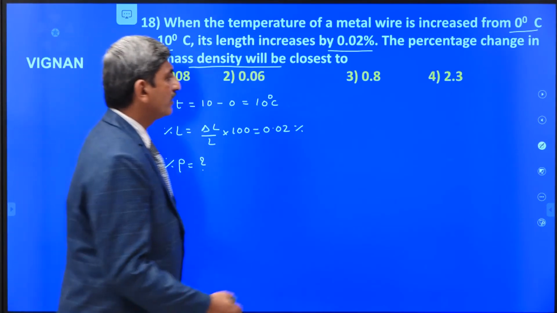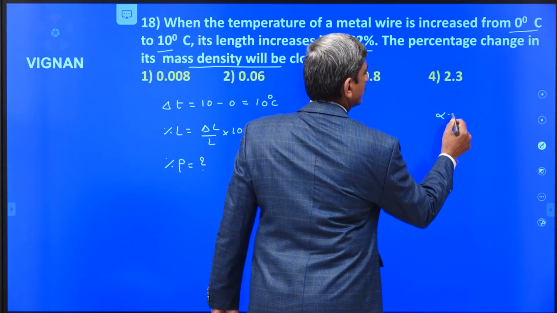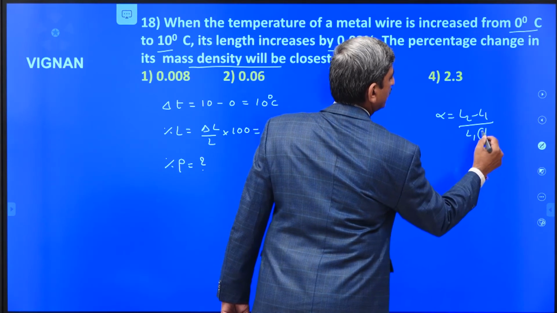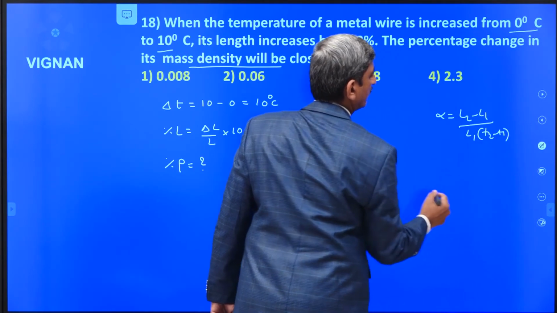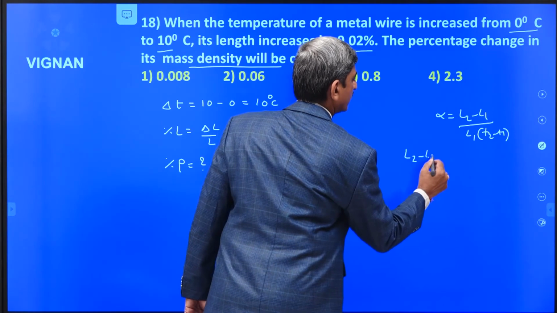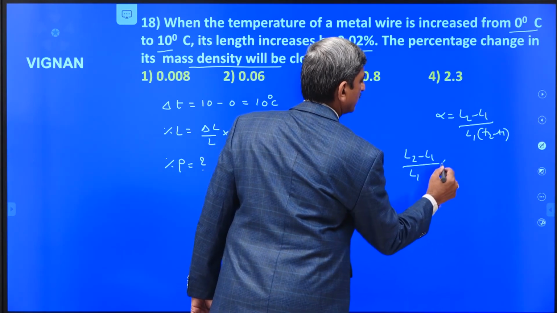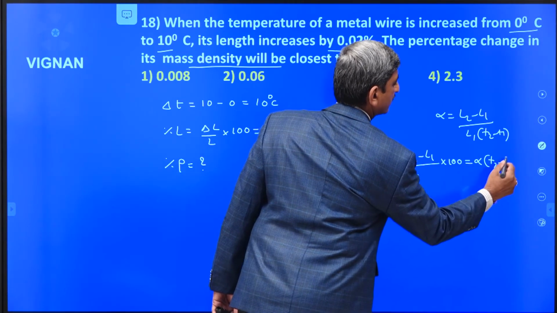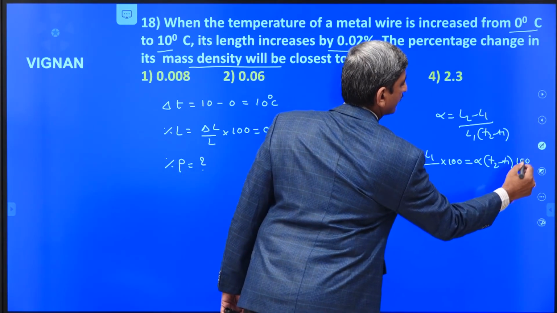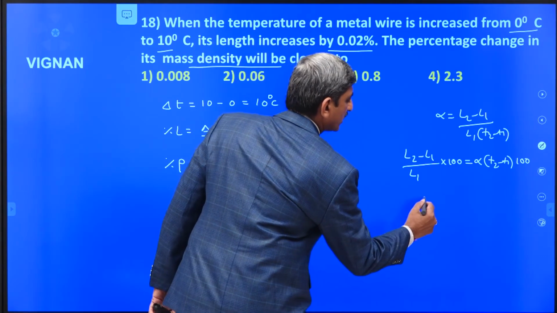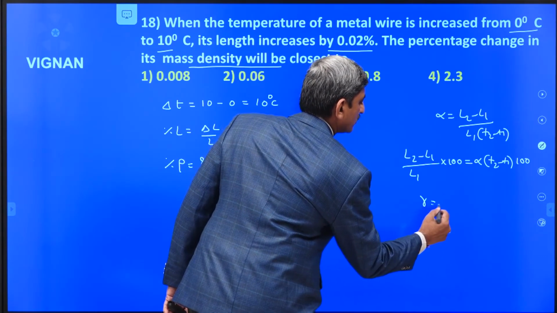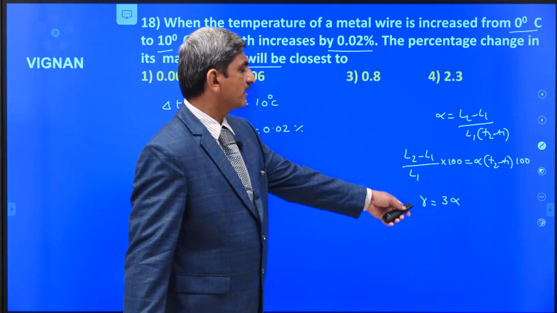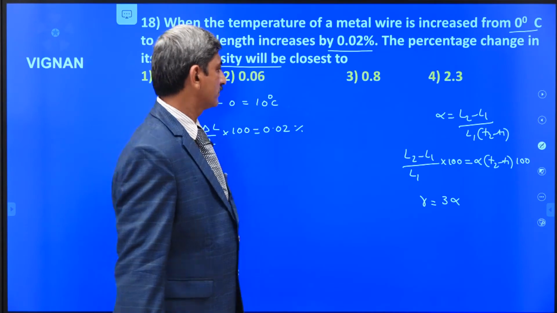For that, we know the basics. Alpha = (L2 - L1) / (L1 (T2 - T1)). From this we can write (L2 - L1)/L1 into 100 = alpha (T2 - T1) into 100. And also we know that gamma = 3 alpha. So I am going to use these equations in solving the problem.